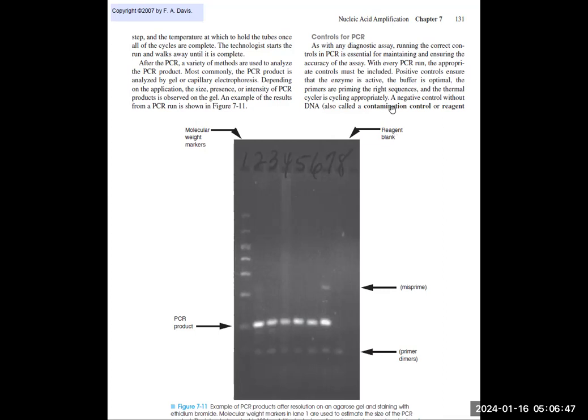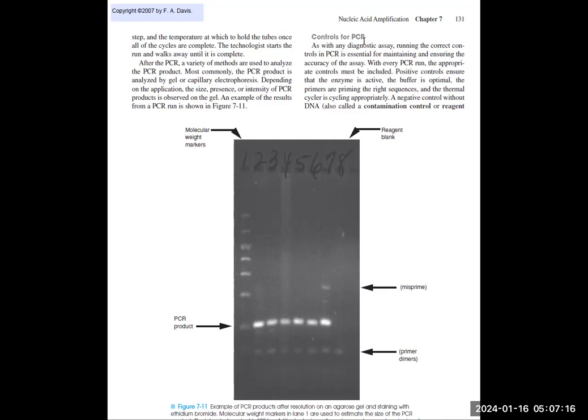And just the same with other testing in the laboratory, guys, we have a lot of controls for our PCRs. We have the positive control, the negative control, contamination control, reagent blank, another negative control, the negative template control, and the internal control, the amplification control.